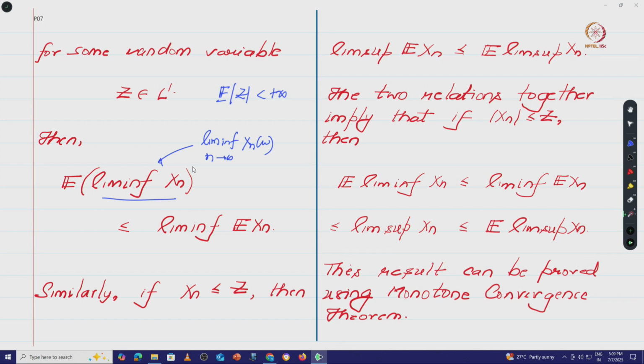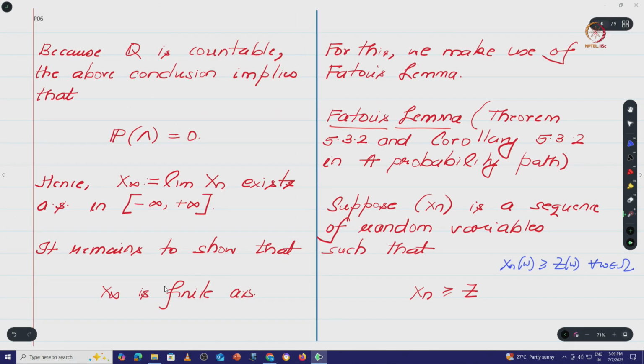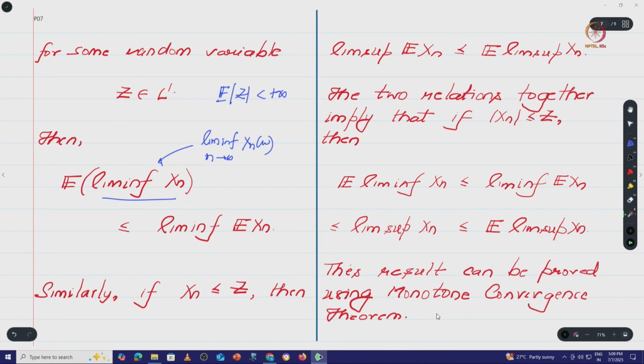The result states that suppose you have xn less than or equal to z. In the lim inf case, we wanted xn greater than or equal to z, whereas in the lim sup case we require that xn be upper bounded by z, and z is again required to be L1 integrable. Then one can conclude that the lim sup of the expected value of xn is upper bounded by the expected value of the lim sup of xn.